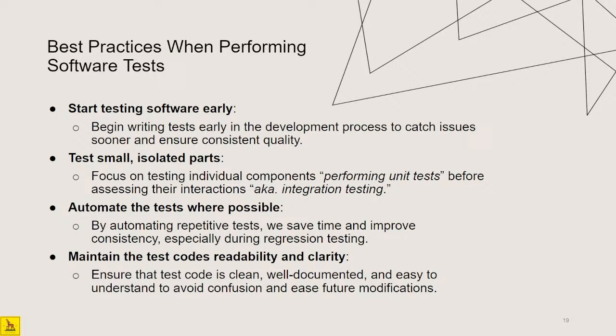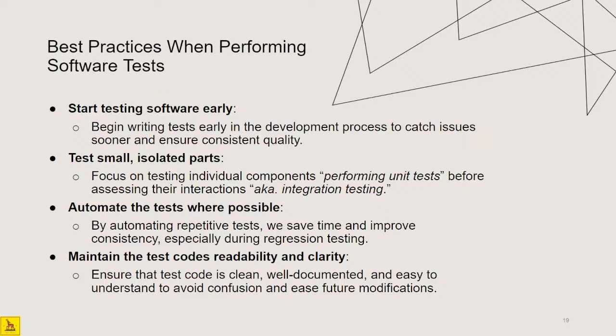Now we'll talk about best practices when performing software tests. So we're going to want to start our testing in our software early. We're going to begin by writing our tests early in the development process to catch issues sooner and ensure consistency and quality within our software.